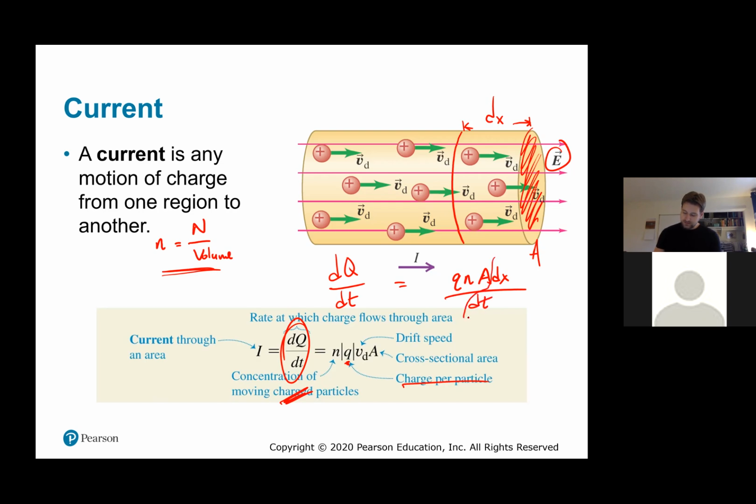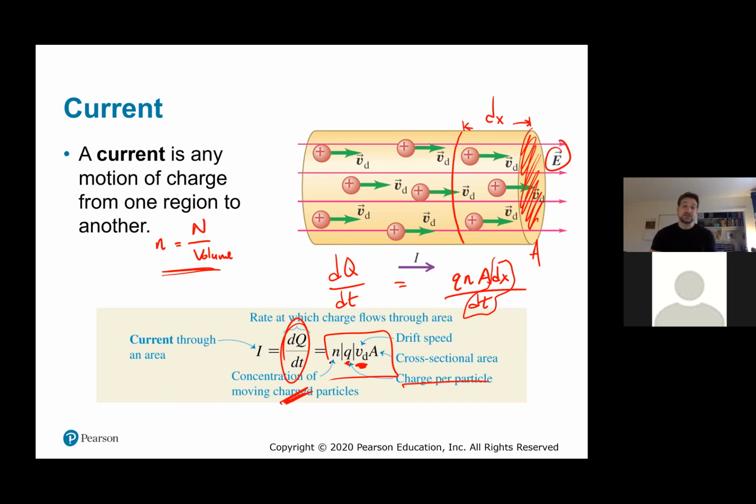But dx by dt, that's v. So that's where this relation comes from. Charge carriers per unit volume moving with speed v sub d. Cool.